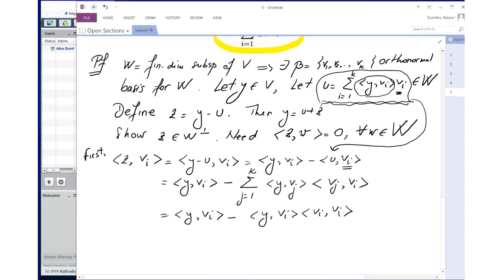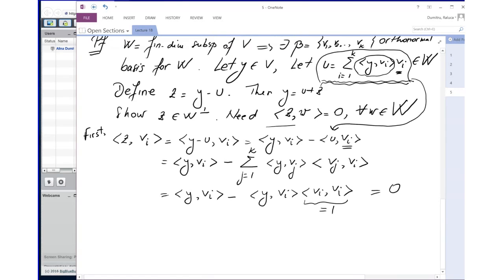Vi inner product with itself is the norm of Vi squared, but again, beta was orthonormal, so they all have norm 1. So this is 1. So you end up with 0, right? So Z is orthogonal to any vector in the basis beta.